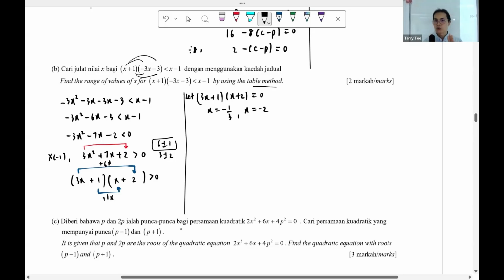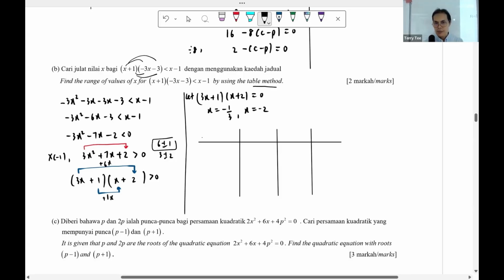So we need to break this up into 3 different regions, using a table like this. I think I'll move this to the right a little bit, I need a bit more space here. You need to break up into 3 regions: 1, 2, 3.